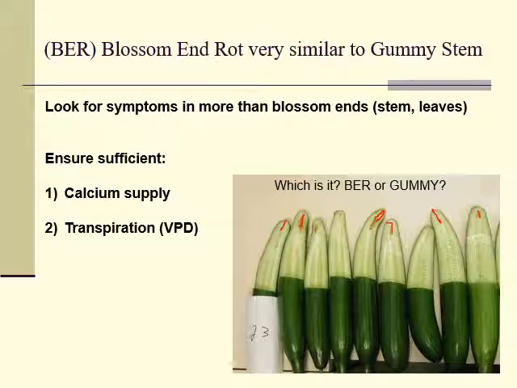So it gets tricky to diagnose. So again, you've got to look at all the conditions. But it doesn't hurt, of course, to help with calcium, to elevate it, because that's also one of the ways of avoiding gummy stem blight as well, right? And then of course, if you're suspicious, watch your VPDs. Make sure they're in acceptable targets so that the plant is transpiring enough.